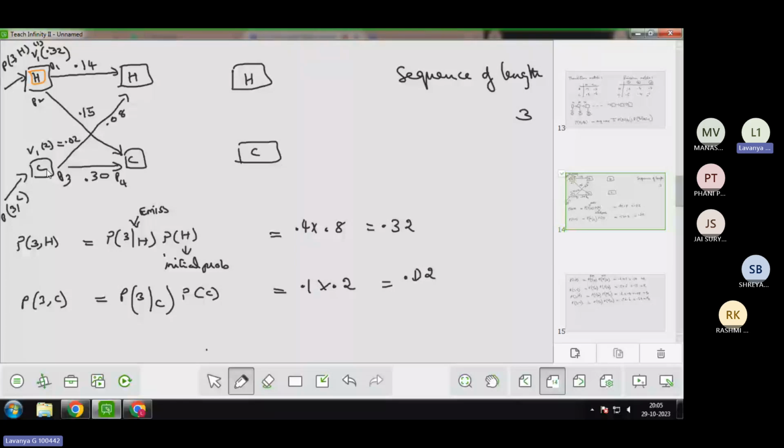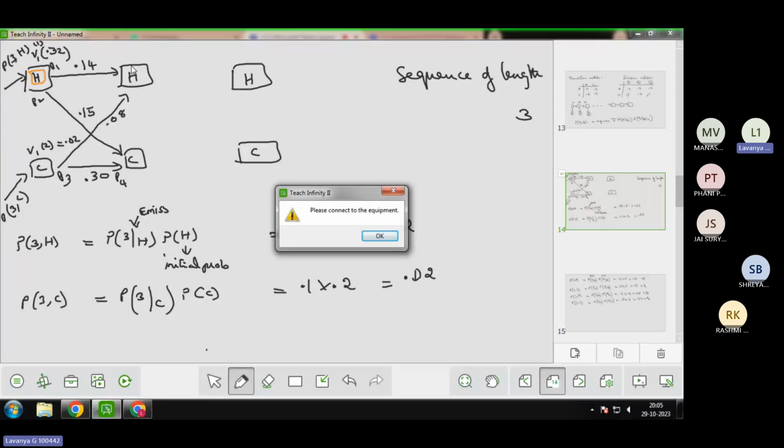Now let me proceed in the same manner. If I proceed in the same manner, I will be able to compute the next V2. I found V1 of 1. I have to find V2 of 1. How to find this V2 of 1?